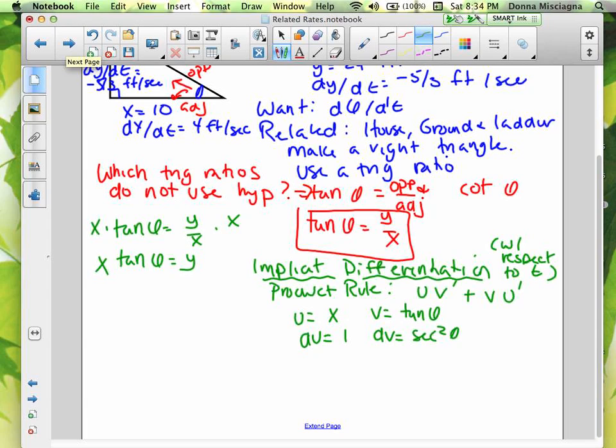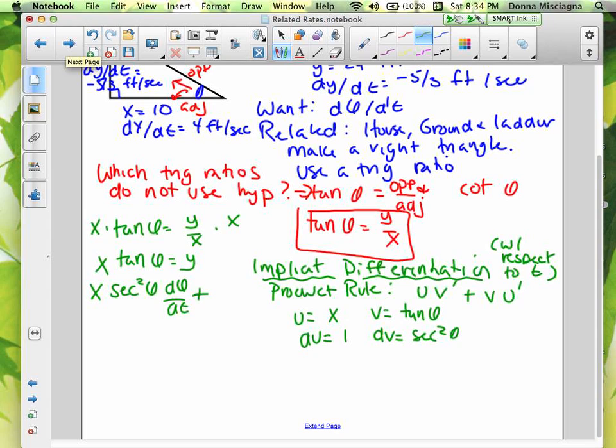All right, so first is x times the derivative of tangent theta, which will be secant squared theta d theta/dt, plus the second times the derivative of the first.